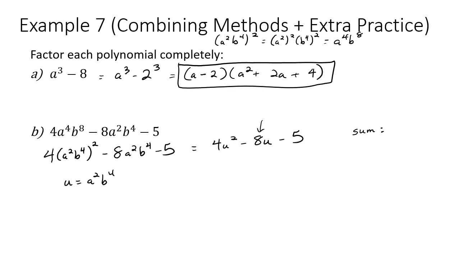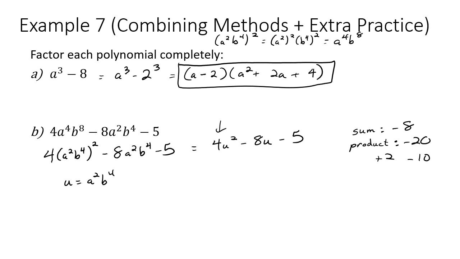So two numbers whose sum is negative 8, and whose product is a times c, or negative 20 in this case. So the signs are different because the product is negative. We've got a plus and a minus. And so two things that multiply to give 20 and subtract to give 8 would be a 10 and a 2. But since the 8 is negative, minus 10 plus 2.